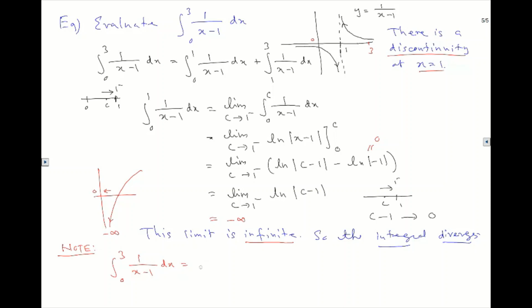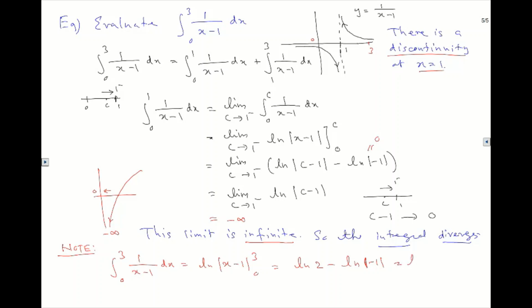So you're gonna get natural log |x minus 1| from 0 to 3. So what you do, you're gonna plug in. If you plug in 3, you're gonna get ln 2 minus. If you plug in 0, you're gonna get ln |negative 1|, absolute value, which is 1.